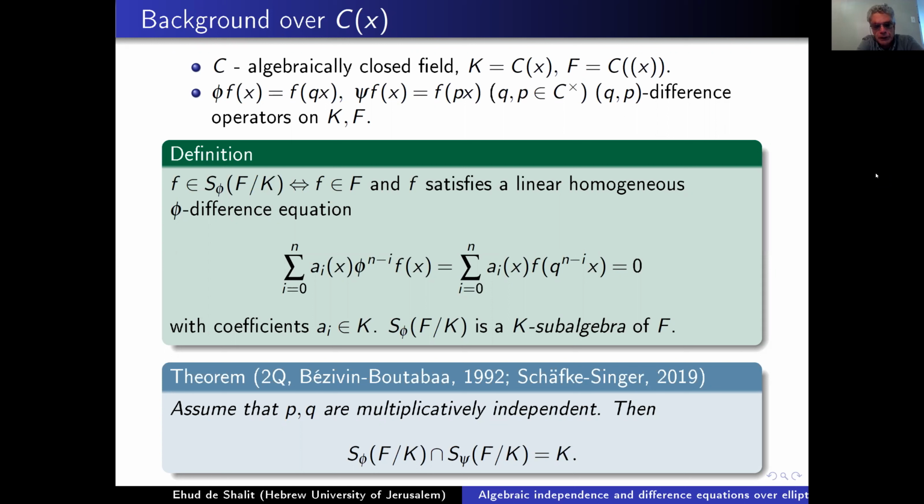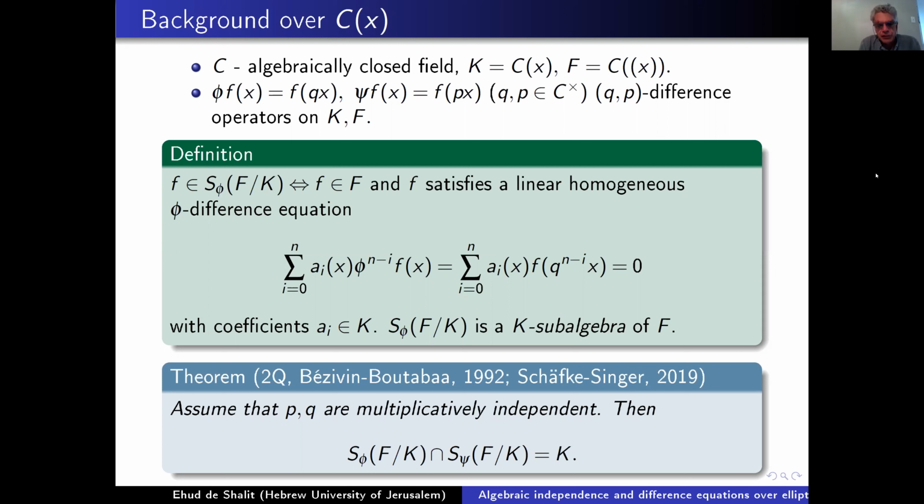So the prototypical theorem in this area, about which I'm going to talk, is this theorem of Bézivin-Boutabaa from 1992, for which a new proof was given recently by Schäfke and Michael Singer.